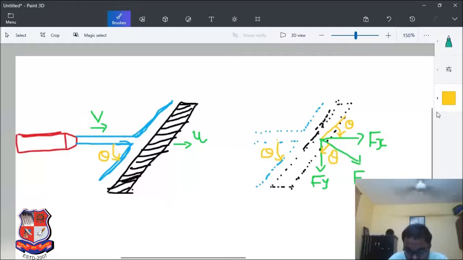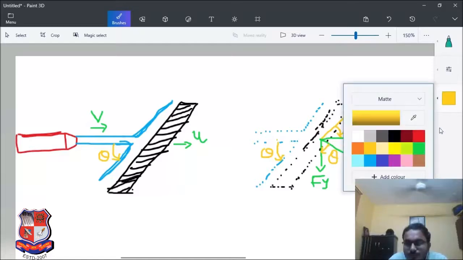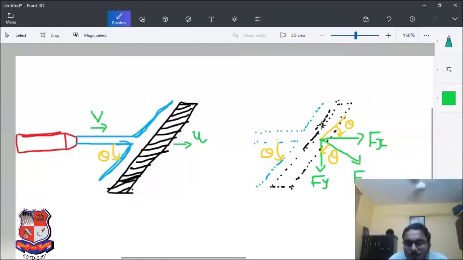And the velocity with which it is striking in the normal direction is actually v minus u sine theta, and it is exiting here.